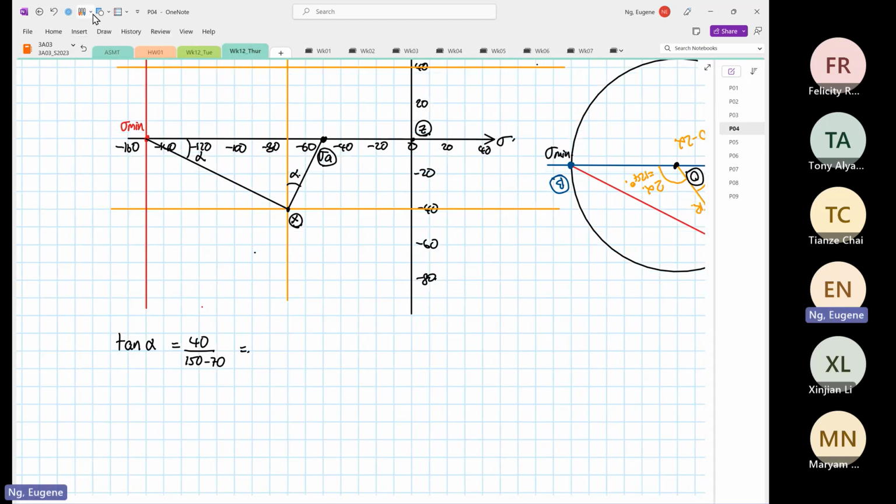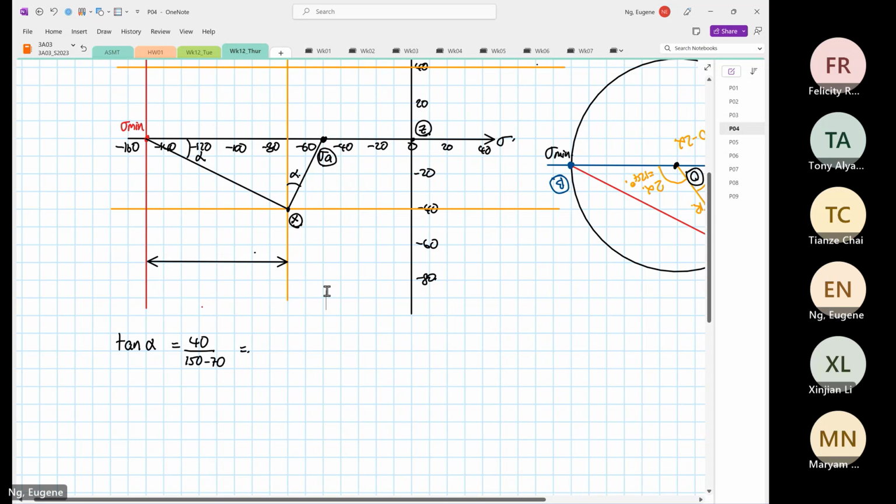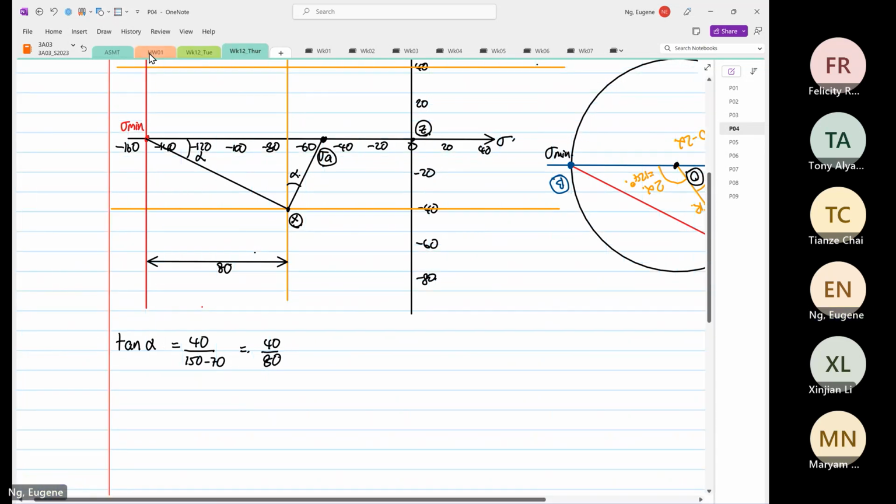Because we know that this distance over here is 20, 40, 60, equal to 80. So this is 40 over 80. So from here, we know that alpha is equal to tangent inverse of 40 divided by 80, which is 26.565 degrees.